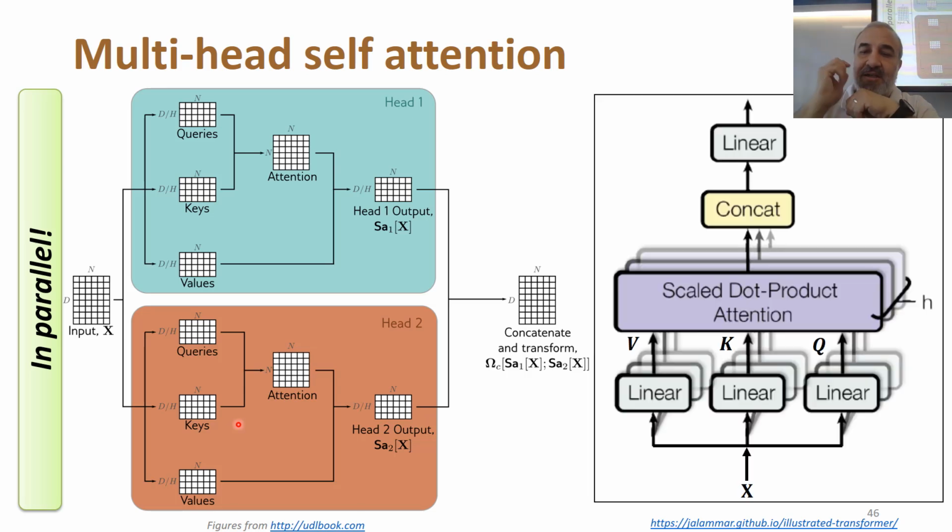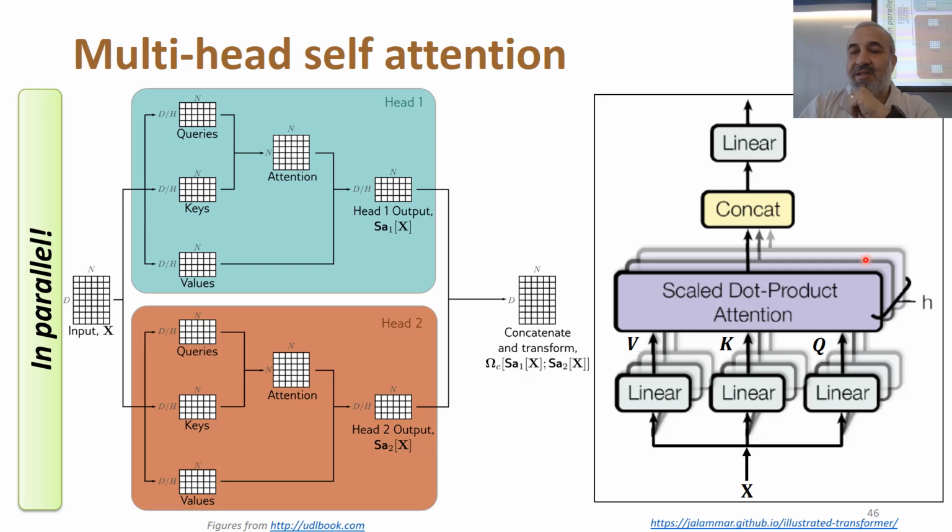Okay, and this is a schematic diagram that shows the process. From the input, by linear transformation, we get the values vectors, the keys vectors, and the query vectors, and these go through multiple heads in parallel. You can see they are in parallel, right?